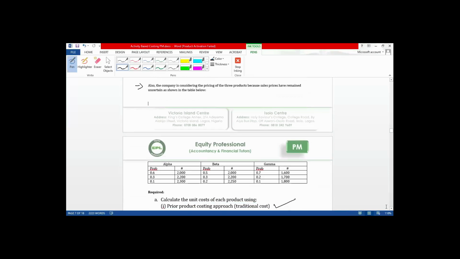Alpha, possible prices and probability. For alpha, 2,000, probability of 0.6, then you have 2,200, 2,300 with probabilities given.